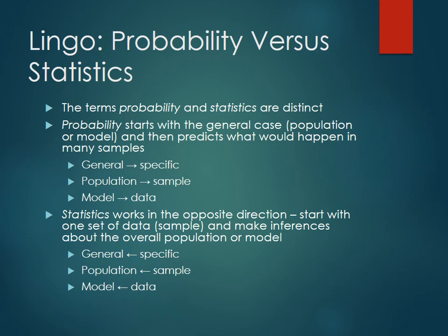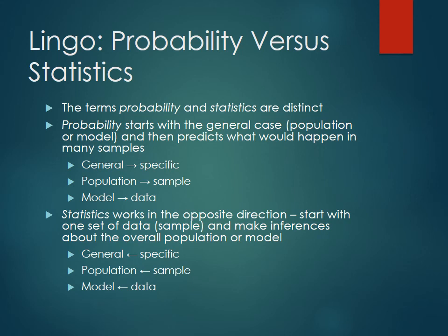And then looking at probability versus statistics, some of this is going to delve into the epidemiology, which will be the second half of the course. But just looking at the difference between probability and statistics. With probability, we take information that we have about a population and try to generalize it down to a specific sample, or say a specific patient.